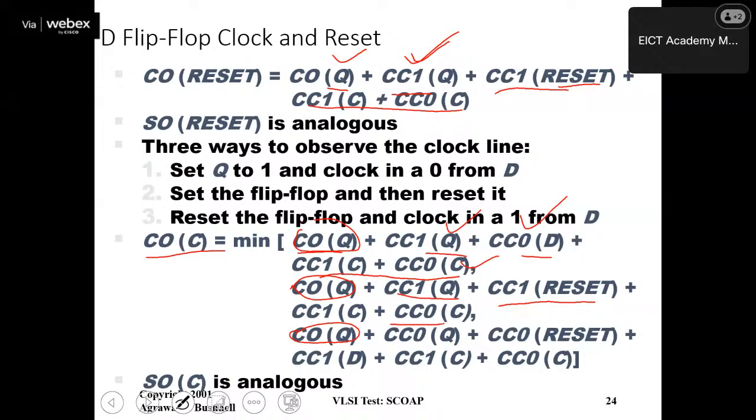And last but not least, reset is not active. Then with the help of CC1 at D and CC0 at Q also you can visualize. Okay. So these are the formulas, the minimum of these, because these are the three combinations with the help of which you can make the changes on Q with the help of the clock. That's why the minimum of these three is taken.